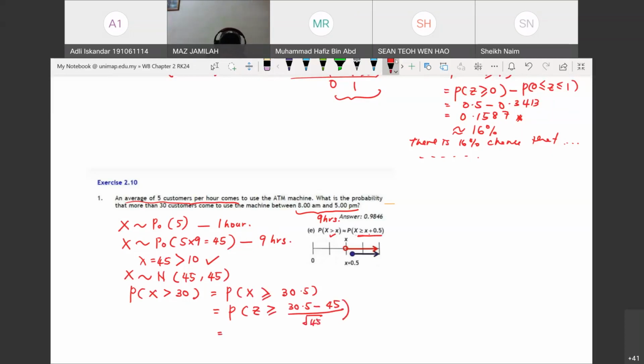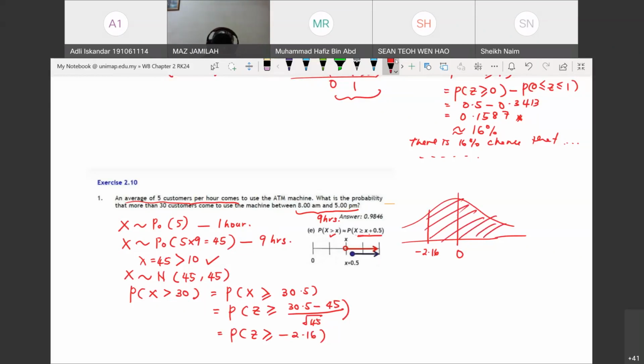Then you will get P(z greater than or equal to what? Negative 2.16). So if you draw 0 here, negative 2.16, we know that we are talking about this part and this part.